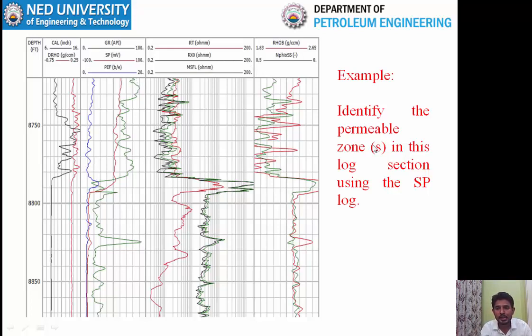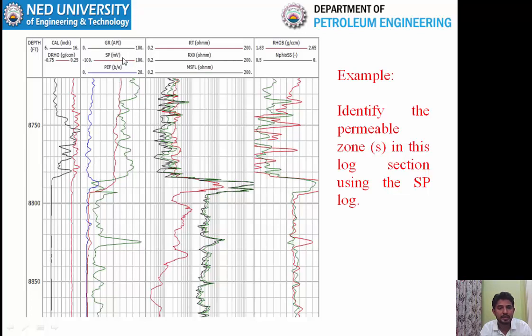We will be using only the SP log, because we have been asked to identify the permeable zones through the SP log. So we identify that in track number 2 we have been provided the SP log, and the scale of the SP log is from -100 millivolt to +100 millivolt, which means in between you will have some 0 millivolt.